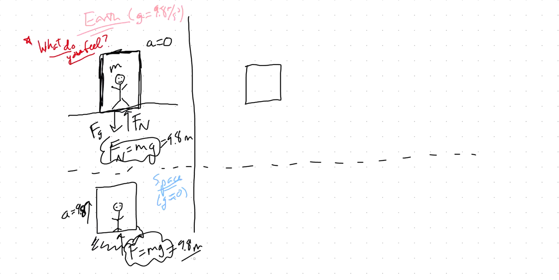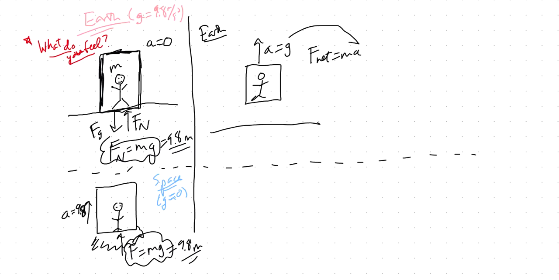You can confirm that pretty quickly with F net equals ma. And if this elevator were to suddenly be on the Earth, but then start accelerating up, say its acceleration upward is 9.8 on the Earth, then we would write F net equals ma. A is g, positive up, right? Negative mg down, the person's force of gravity.